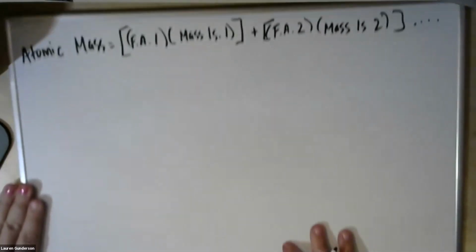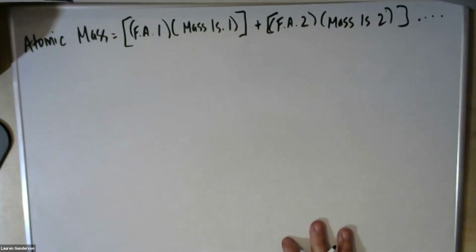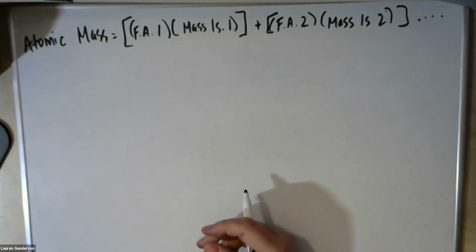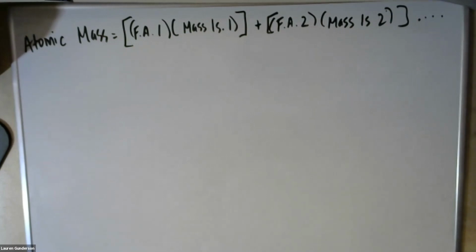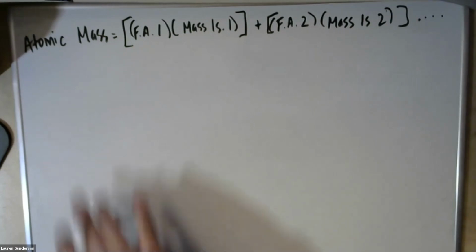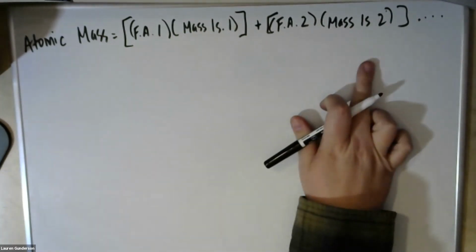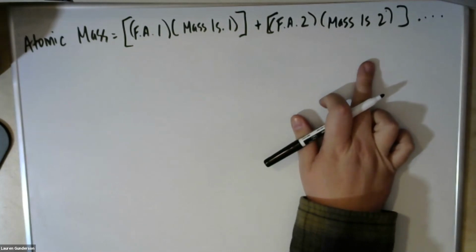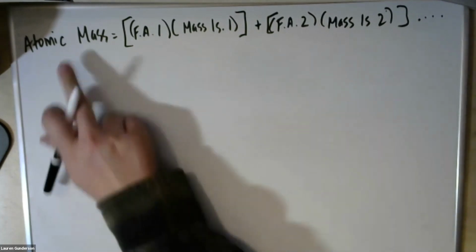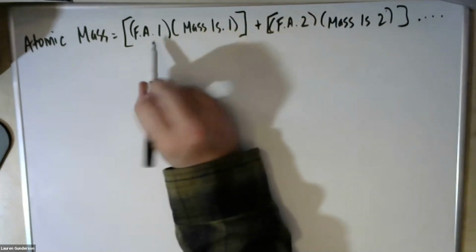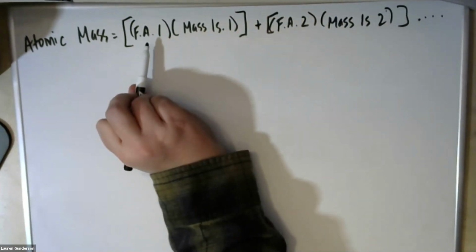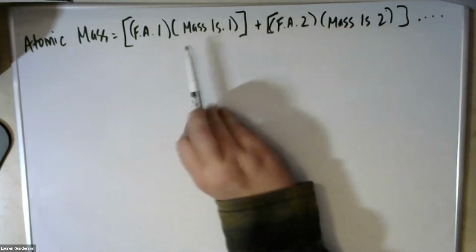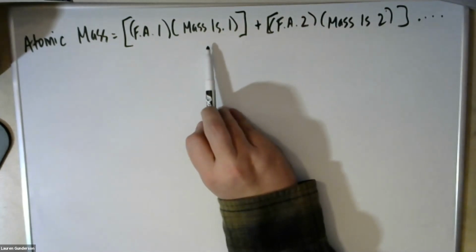So when we're looking at the isotope abundances and their corresponding isotope masses, and we want to find the atomic mass from those values, we end up with this relationship here. This looks a little bit different than how your textbook writes it out, but it means the same thing. To find the atomic mass, we're going to take the fractional abundance of isotope 1, multiply it by the mass of that isotope.